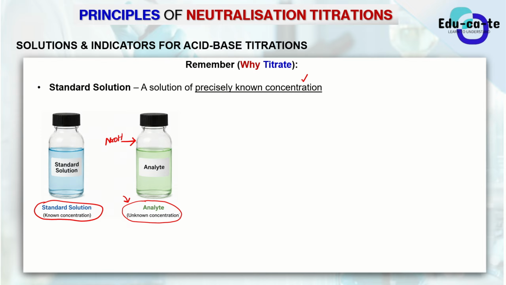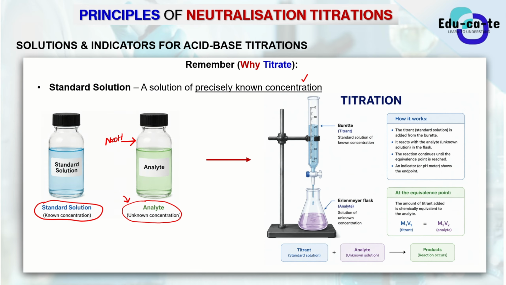So usually we carry out titrations so that we can determine the concentration of the analyte. Since we do not know the concentration of the analyte, we can determine it by using a titration. I'm sure you've already done this in the lab, whereby you take a burette, and in the burette you fill your titrant.